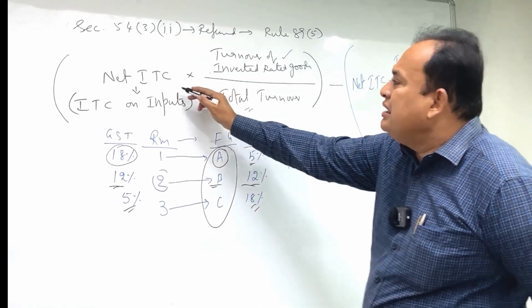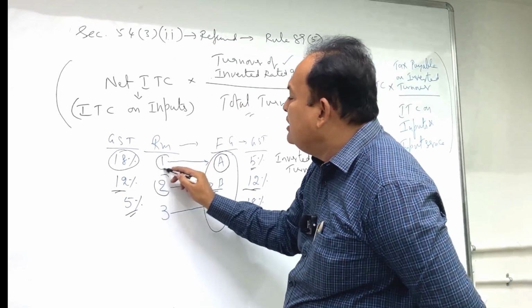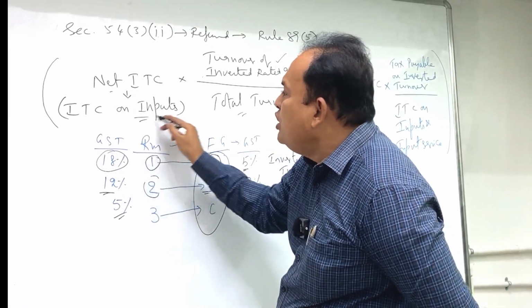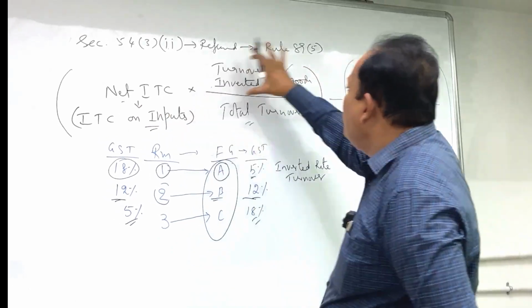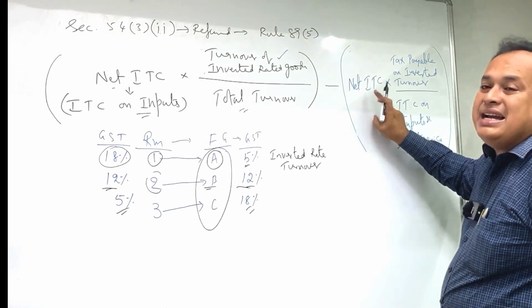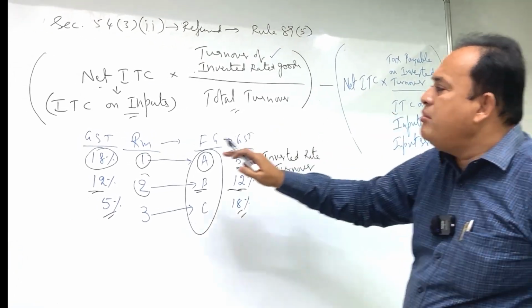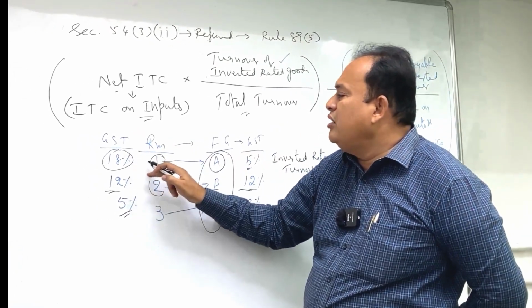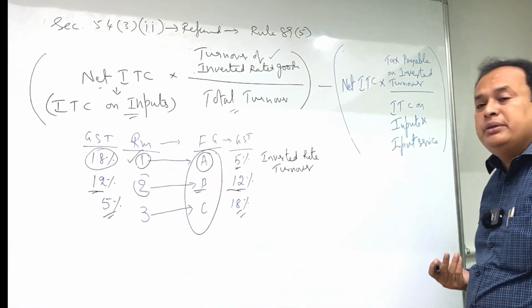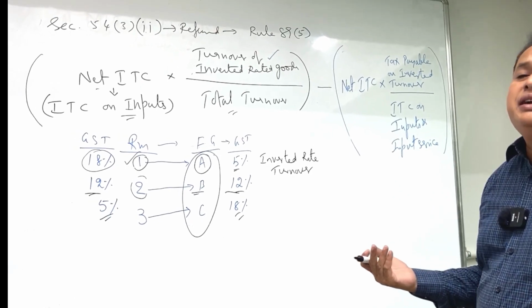Net credit is nothing but the credit on raw material 1, because only ITC on inputs should be considered. Further, from this deduct net ITC on raw material input 1 only, because that is qualified for inverted rate supply purpose.